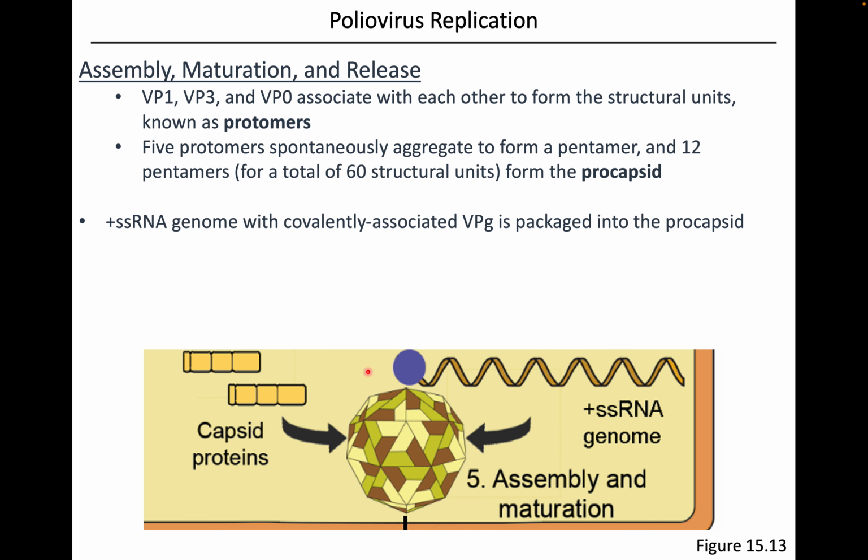So then we've basically got everything that we need to create new virions, and they have a fair amount of detail on how assembly happens. So you'll get VP1, VP3, VP0, all form little structural units that are called protomers. 5 of those protomers will group together to make a pentamer, and then you get 12 pentamers grouping together to give you the full, what they call the procapsid, before it's fully finished and closed off.